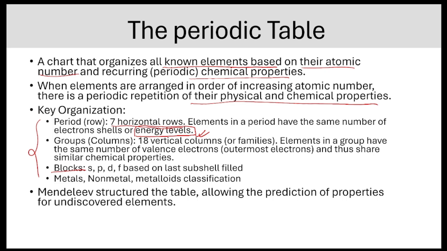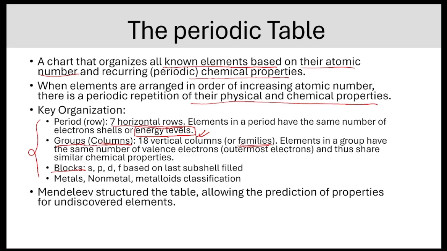And then we have groups, which are basically the columns of the periodic table. There are 18 vertical columns, and elements in the same group are also called families. It's either called groups or families.